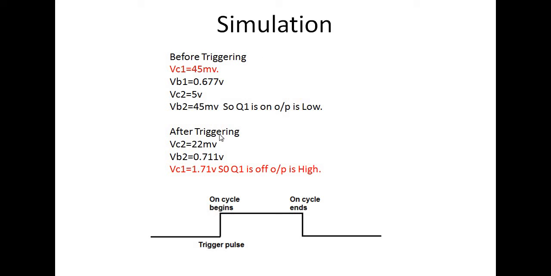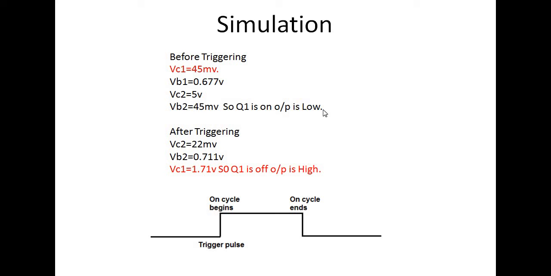Now you just apply the triggering. If you apply the triggering, what will happen? The other transistor, which is on the left hand side, will switch on for a moment. That's why Q2 is on after applying the triggering. That's why VC2 is 22 millivolts, VB2 is 0.7 volts. We normally collect the output at VC1 always.